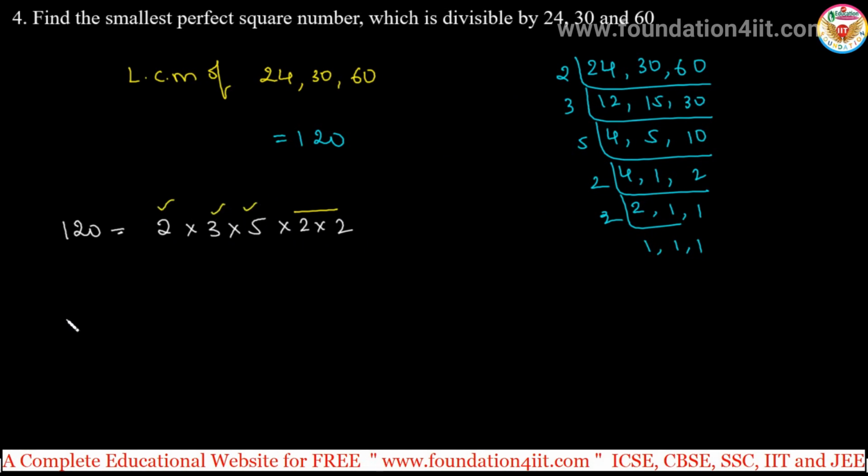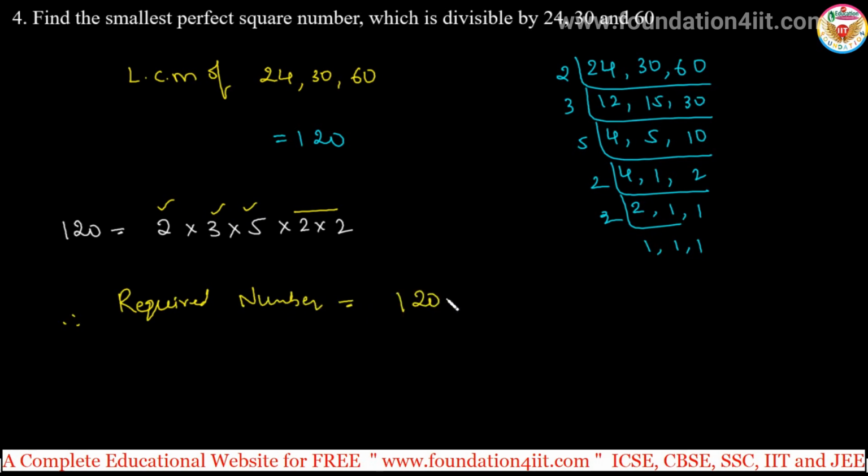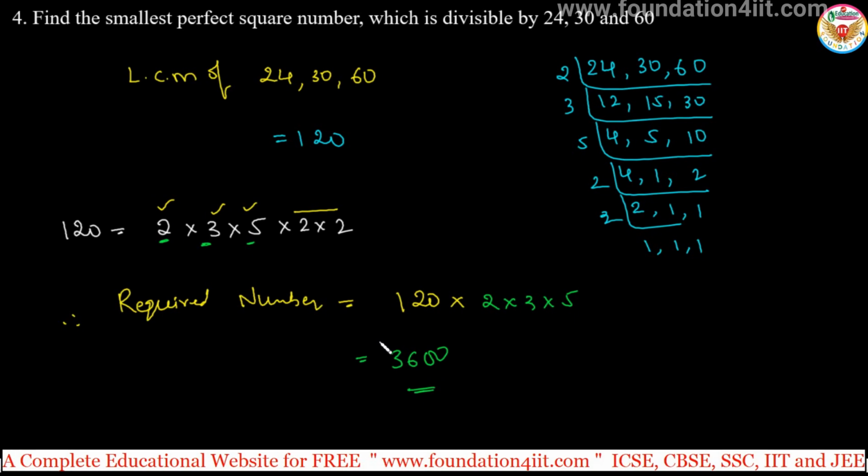That means the required number, the smallest perfect square number: 120 into what extra we require, that should be multiplied with 2 into 3 into 5, because one more 2 we need, another 3 we need, another 5 required. 120 into 2 into 3 into 5, 5 10s are 50, 12 into 30, 3600. Okay, so 3600 is the smallest perfect square number which is divisible by 24, 30 and 60.